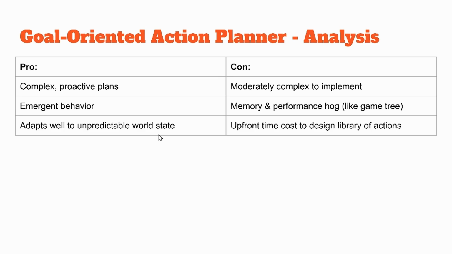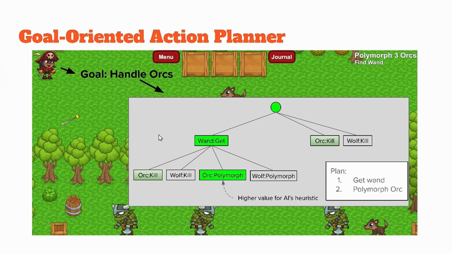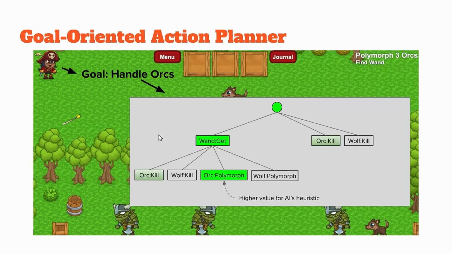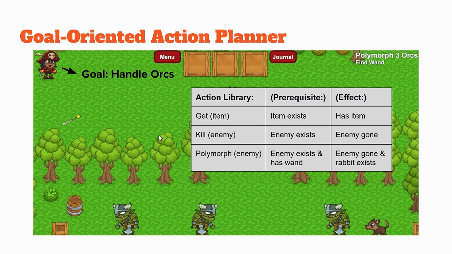It is moderately complex to implement because these trees can get very big. It can be a memory and performance concern. And it does take time to design this library of actions. But the more actions you have, the more interesting the AI can be.